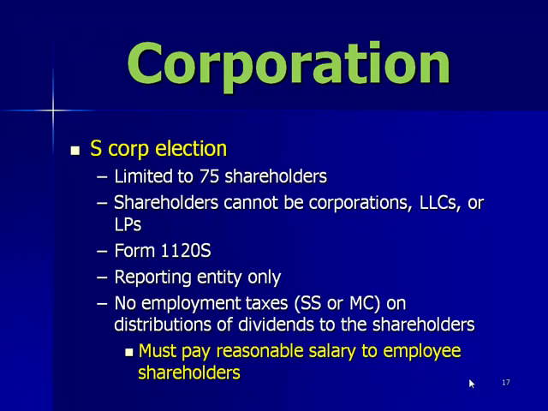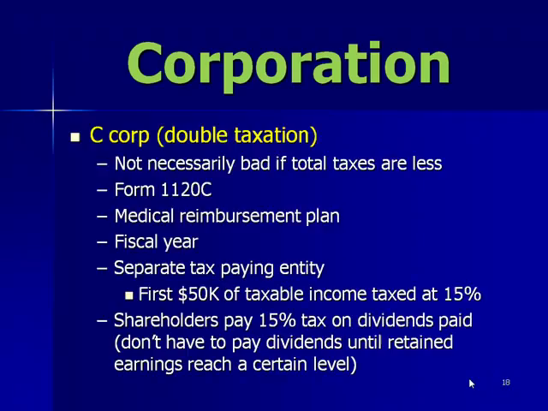Otherwise, the IRS is going to come along and argue that what you have in fact done is to simply disguise the fact that you've paid them a salary, or claim that you haven't paid any salary, and then they're going to assess delinquent Social Security and Medicare and penalties and all the rest. So it is a way, as long as you pay a reasonable salary to the employee shareholders, to avoid some of the Social Security or Medicare charges that might otherwise be assessed.